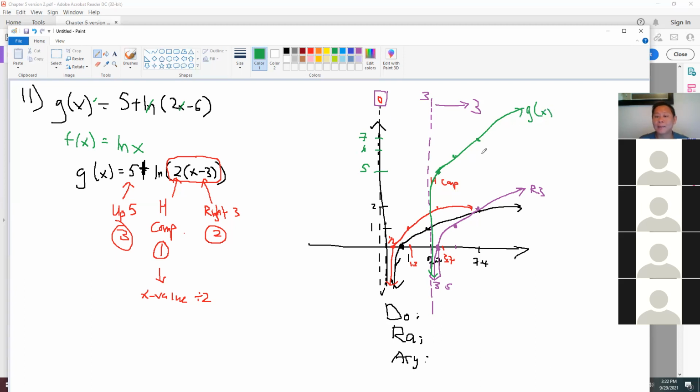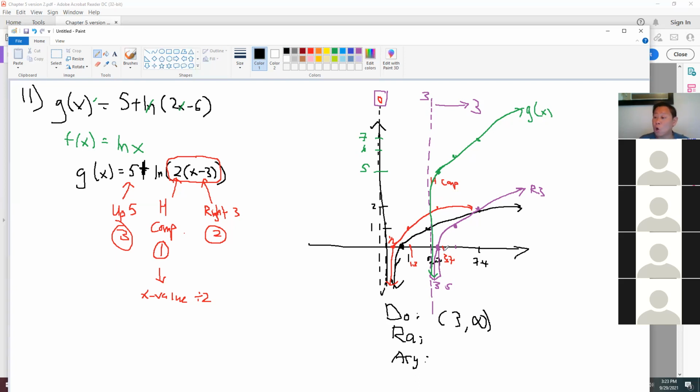So by looking at this green line, can you tell me what is your domain, your range, and your asymptote? So domain in this case is what? Because of this line, you cannot cross, so it goes from 3 to infinity.